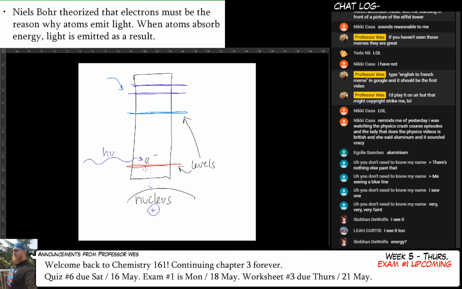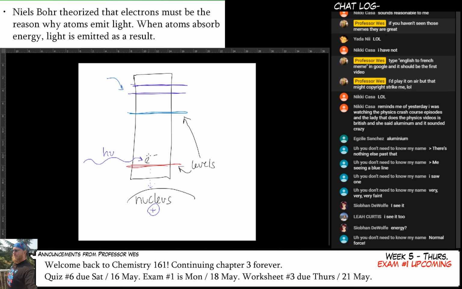But if I gave it energy, I could push that electron to a new position. So if I give it energy... I apparently gave it energy. Let me try that again. Yeah, it's the normal force that prevents you from hurtling towards the center of the Earth.